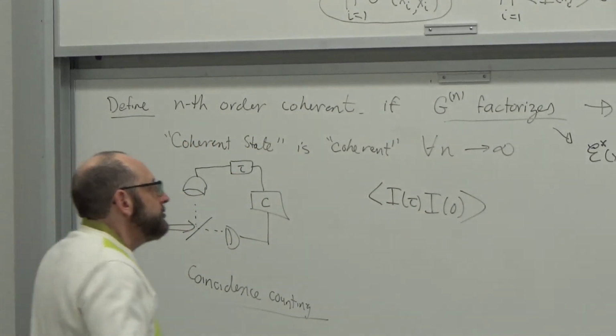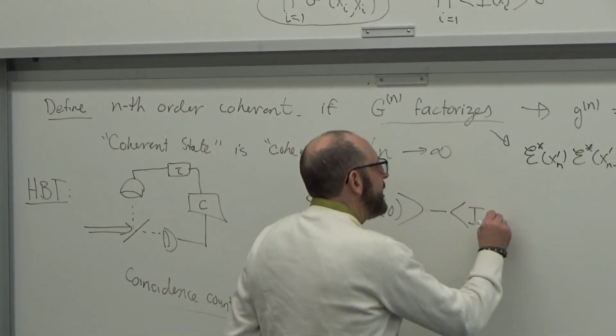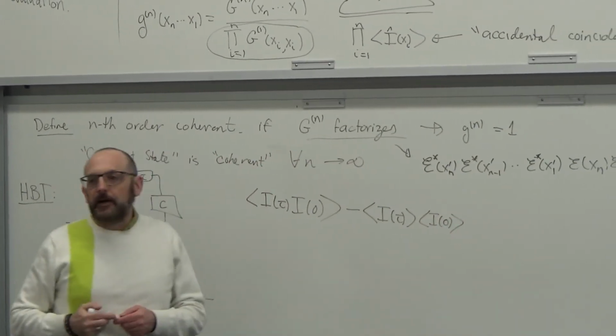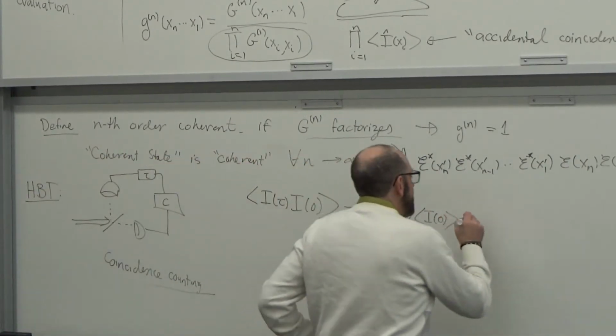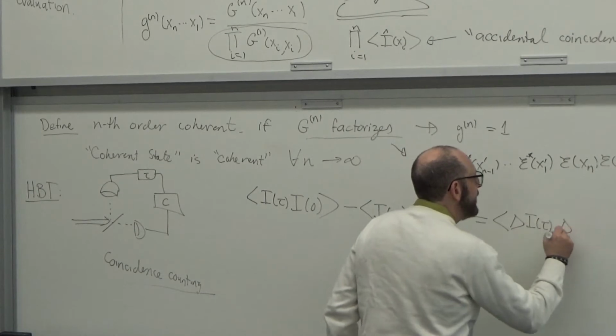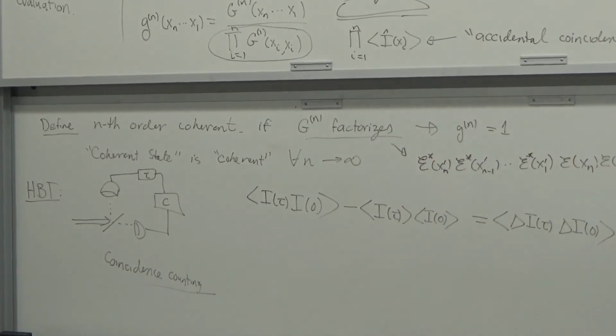And if I looked at the difference between this and the product of the intensities, this represents the intensity covariance, or the correlation in the fluctuations, right?